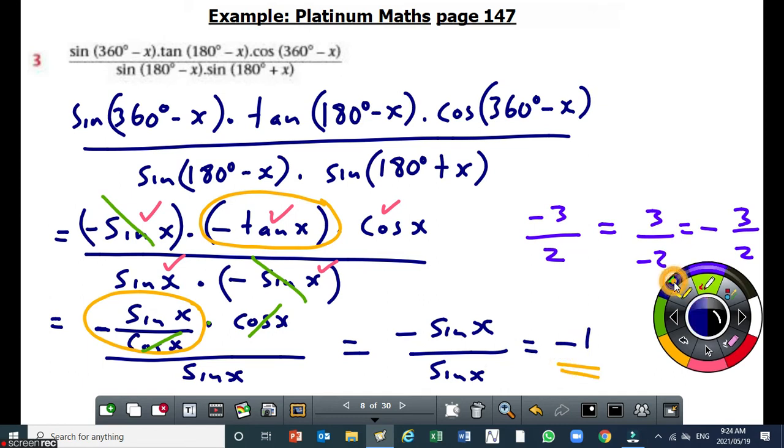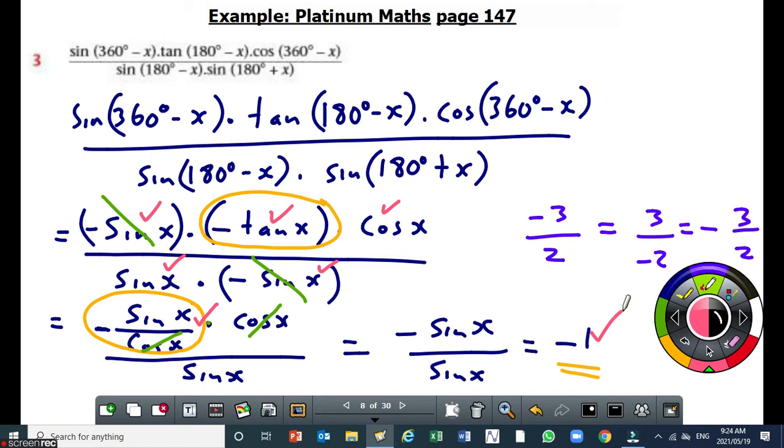So the mark allocation: we've already allocated 5 marks here. Another mark will be given for using the fundamental identity. This is not necessary, so you get the marks there. So total will be about 7 marks for a question like this. Now, when you get a question like this one, at least try your best to get these 5 marks.